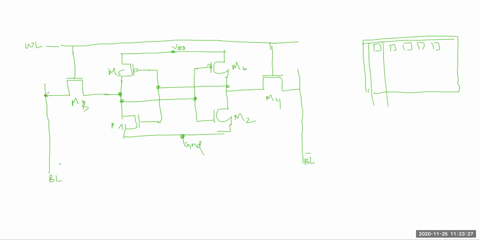Suppose another cell is here, another cell is there, and that bit line is connected here, like that. Thousands or millions of cells are there. This is the bit line, and at this node you have some intrinsic capacitance of the transistors. Yes or no?